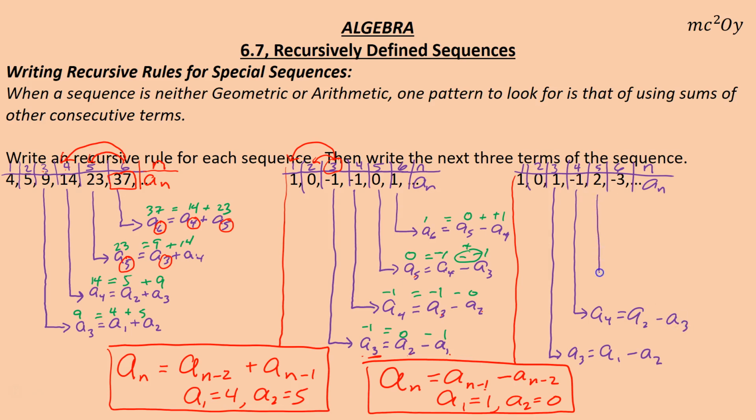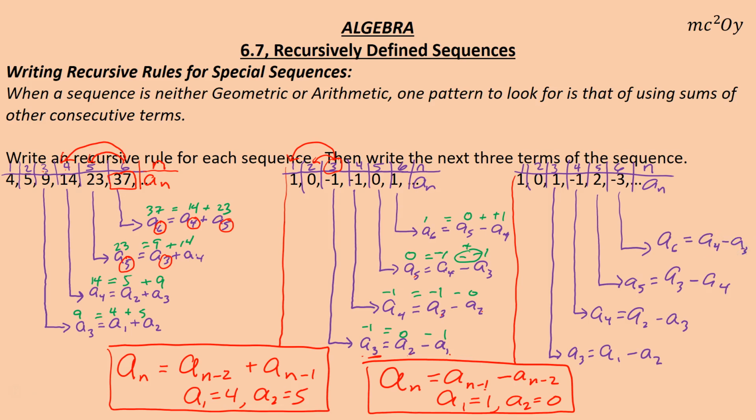Okay, and this would be the fifth term is equal to the third minus the fourth. And the sixth term is equal to the fourth minus the third.